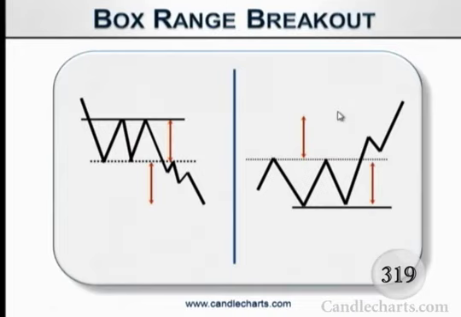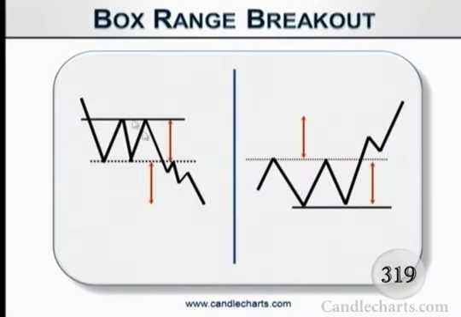So if the market breaks out on the downside, if it breaks the bottom end of the box range, what should become resistance? The old support level, right? So if the market breaks the bottom end of the box range and you sell with the target down to here, what price says you're wrong?